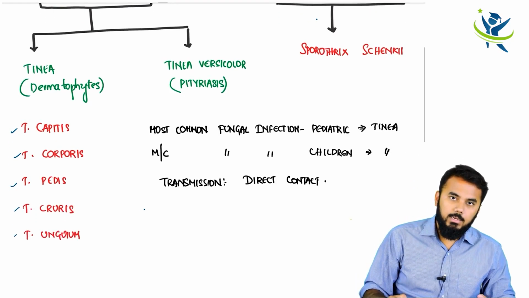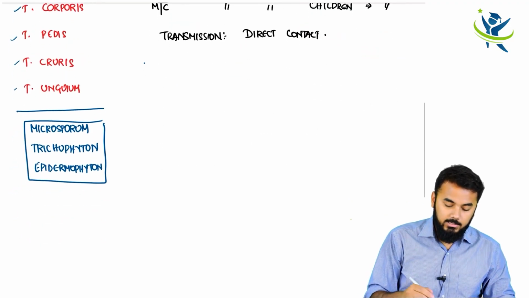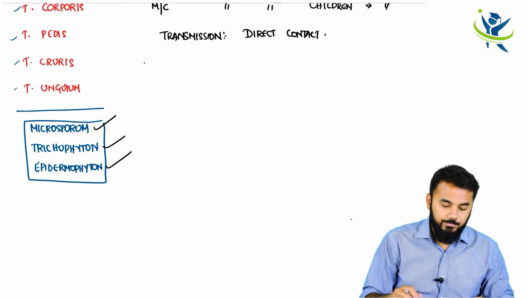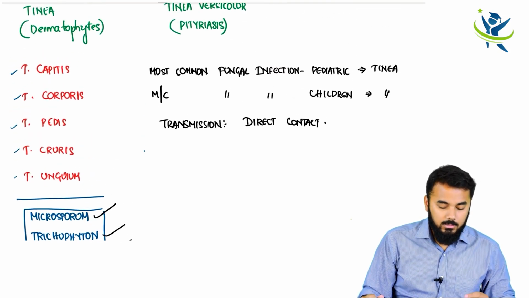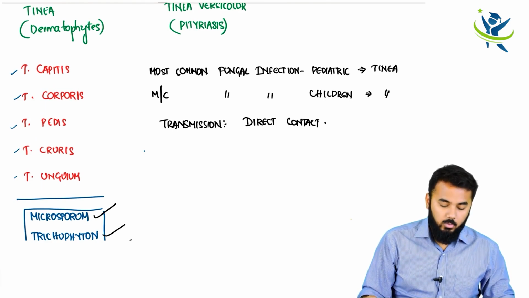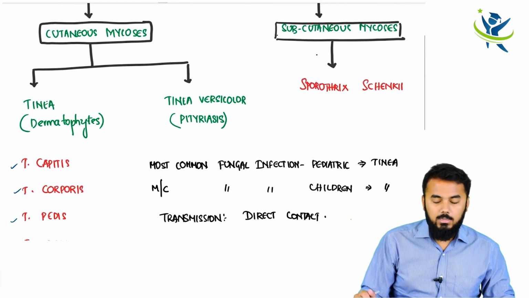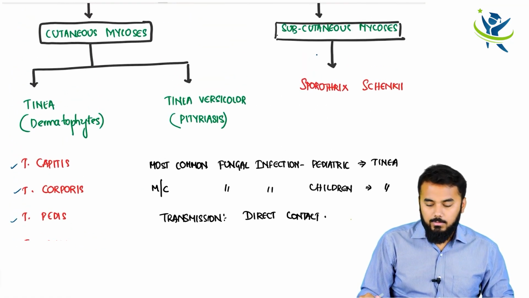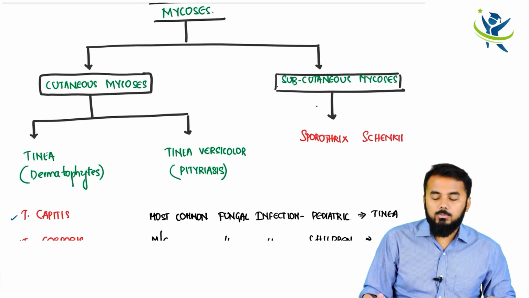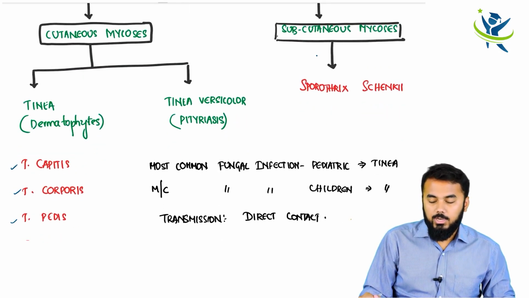Tinea is a group of infections caused by dermatophytes, namely Microsporum, Trichophyton, and Epidermophyton, and the infections are tinea capitis, corporis, pedis, cruris, and unguium. On the other hand, we have tinea versicolor, also called pityriasis. The next group is subcutaneous mycosis, which is caused by Sporothrix schenckii.